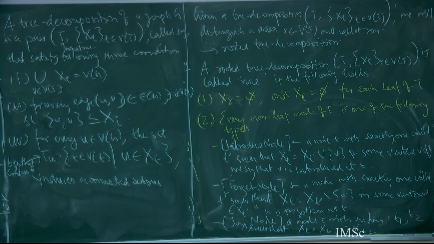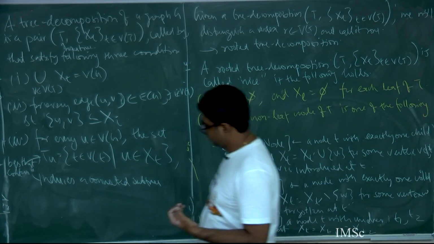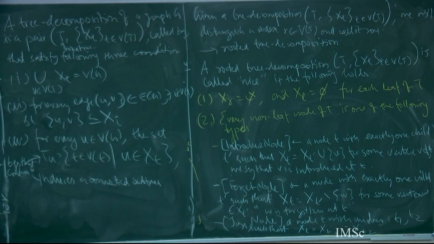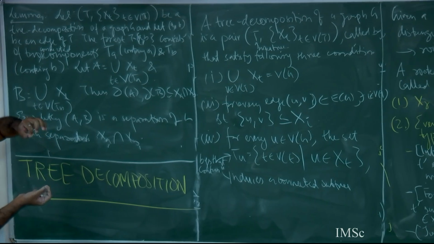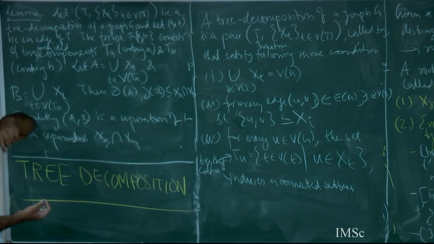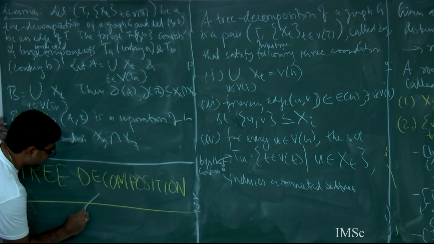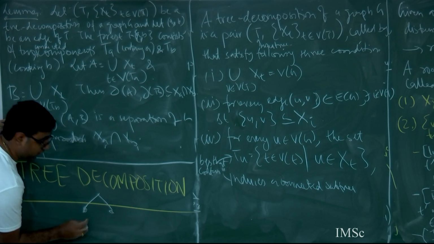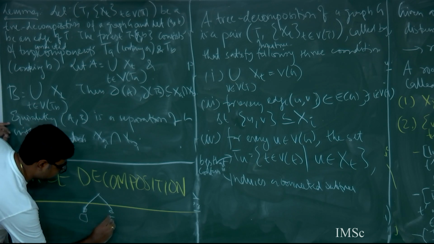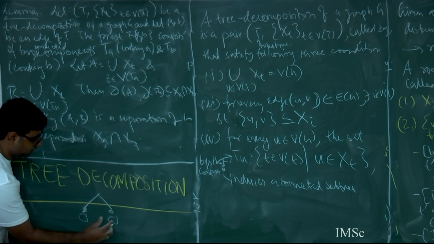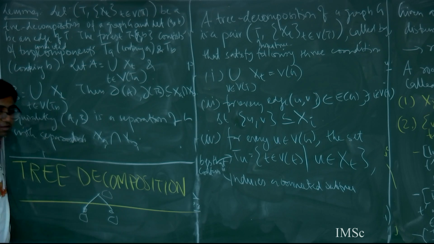So basically what it says is that if a vertex is introduced, then the node has only one child. If a vertex is forgotten, it has only one child. And when I have a join node, it means I have two children with the same bag.